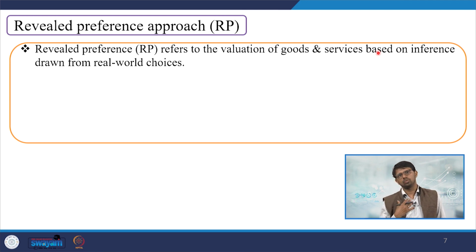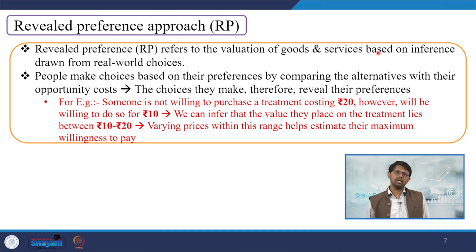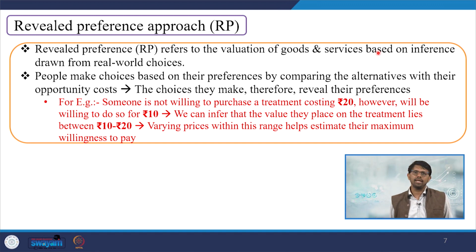Hence, a person while evaluating certain access to services must have done certain possible calculations in his or her mind, and based on those real choices, real world options availability, the opportunity cost is usually derived in the minds of the people. Hence, people make choices based on their preferences by comparing the alternatives with their opportunity cost, which I just said.